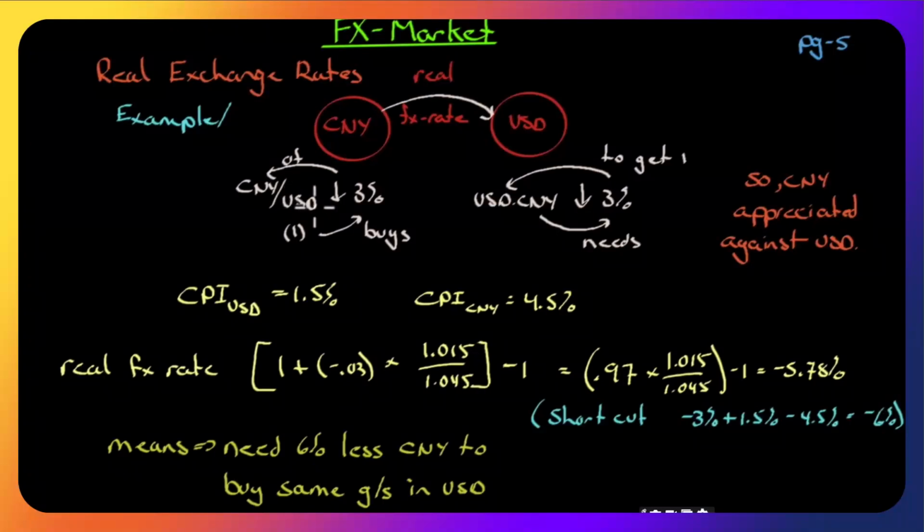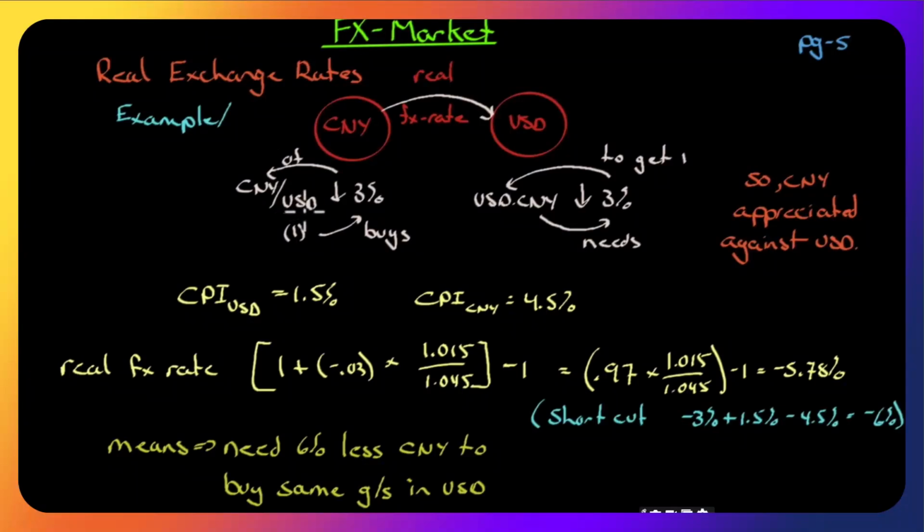So in this case, if this exchange rate is dropping, think it through. Which currency is appreciating, which one is depreciating? We always think about it in terms of the base. If the arrow is downwards 3%, it means the US dollar has depreciated. If the arrow was upwards 3%, it means the US dollar appreciated. So it's basically saying that $1 US is buying 3% less of the yuan.